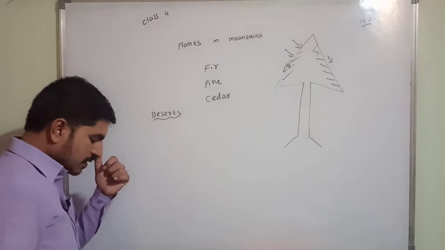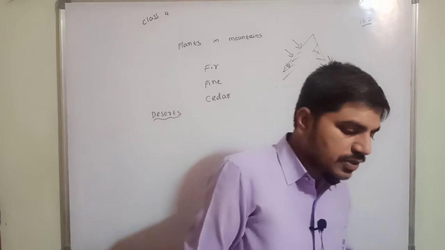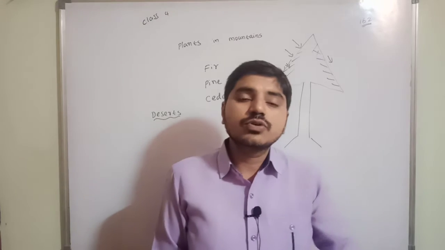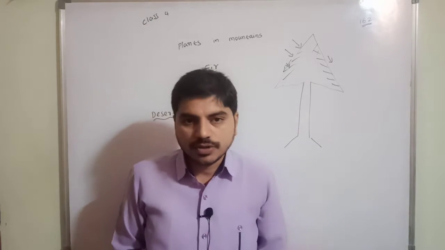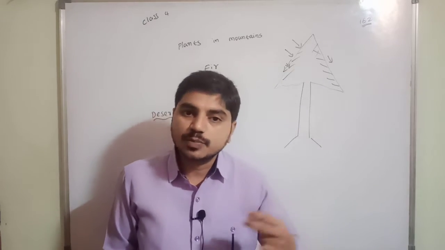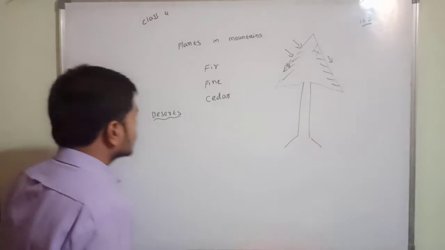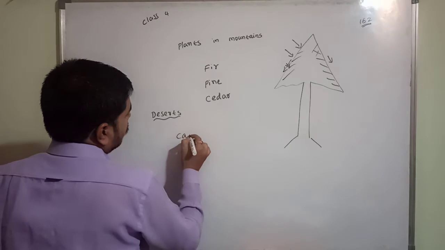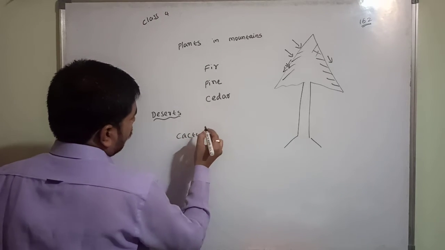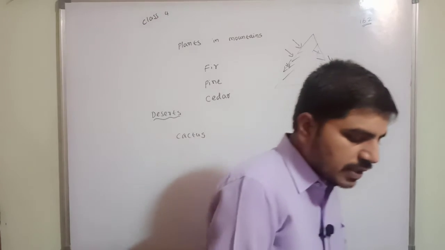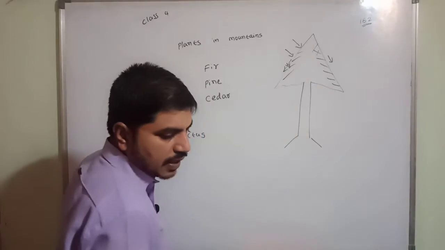In our deserts we have different plants. Why? Because deserts contain little water, they do not have that much water. So cactus and date palms are there; this kind of plants will grow. Cactus, okay, what is that? Cactus and date palm.